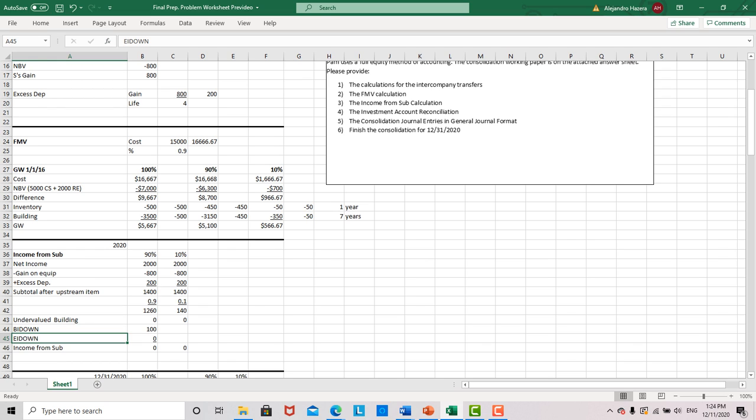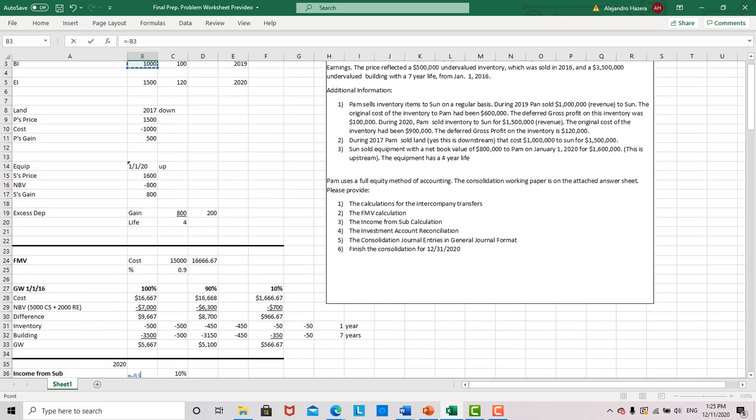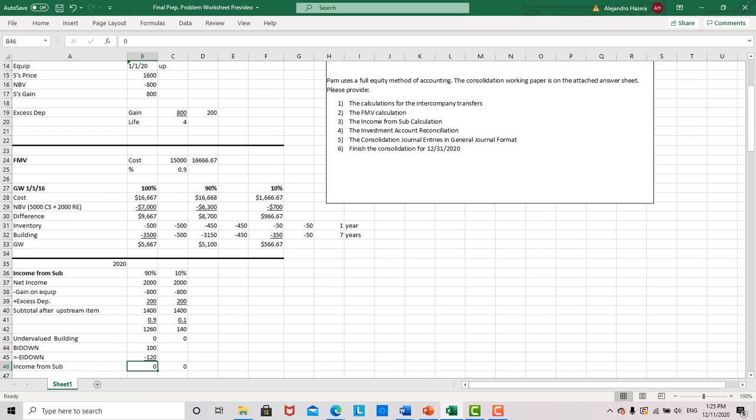However, the ending inventory, I'm going to put a minus there, is always subtracted out because this is inventory which at the end of this year had not been sold to an outside third party. So this is going to be equal to the negative deferred gross profit of, I believe, 120 up here. There it is right there.